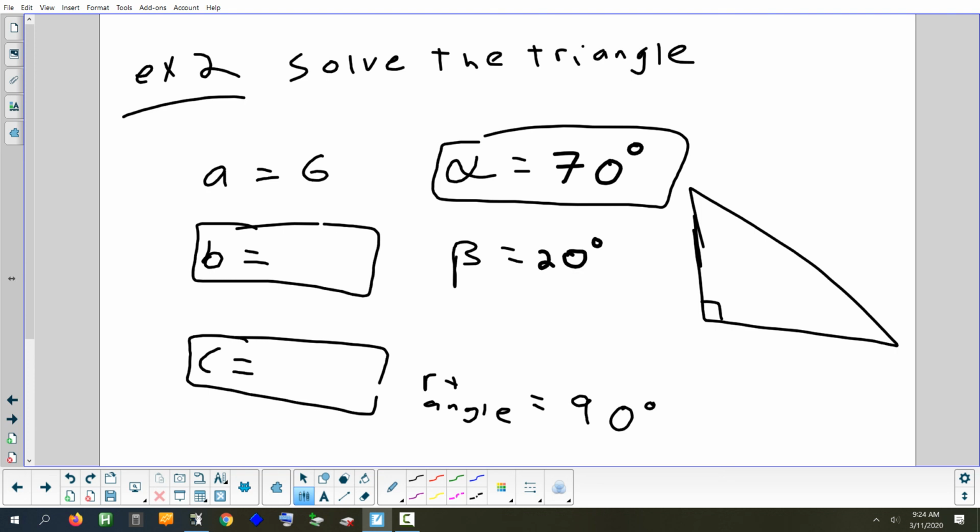So if I put A here, that means alpha. A here, alpha there. If I put B on the bottom, beta would go on the top.